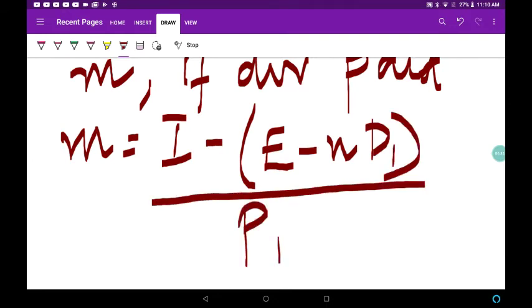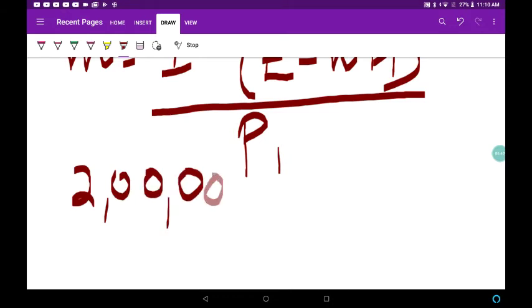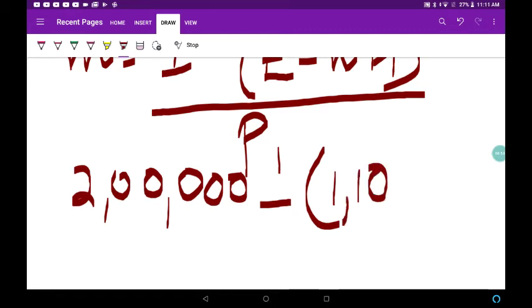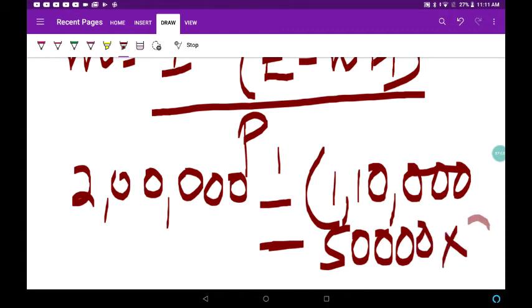P1 you have already calculated. So let us see. 2 lakh is I. It is given in the question. Minus earnings is given as 1,10,000. Minus N D1, 50,000 is the number of equity shares. D1 is 2.